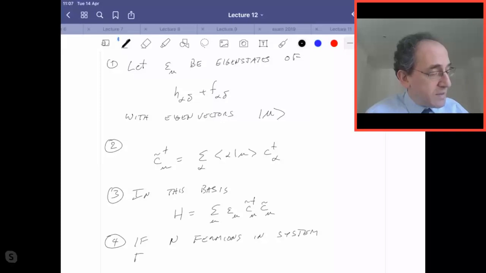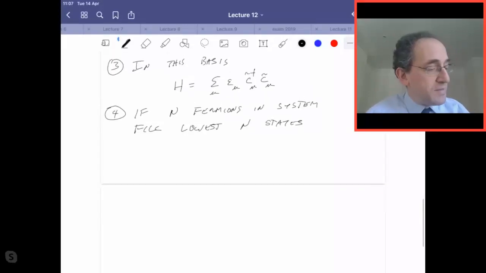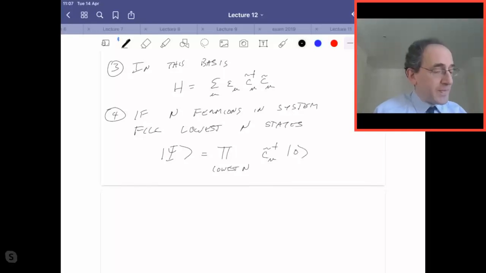Step 4: fill the lowest n states, which we can write as the wave function if we want. Psi, our new state, is going to be the filled lowest n eigenstates, like this.